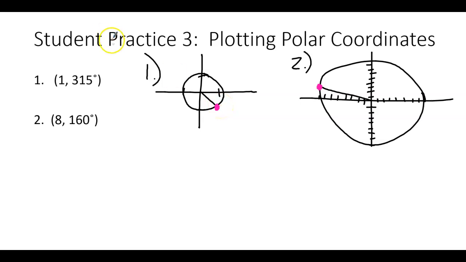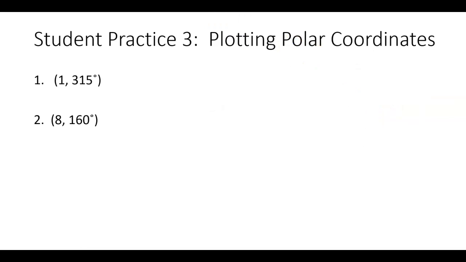On number 2, you should have had a dot plotted over here in the 2nd quadrant, kind of close to the x-axis. That dot is 8 spaces away from the origin, and it is rotated 160 degrees from the positive x-axis. All right, so that's how you plot points in polar form.